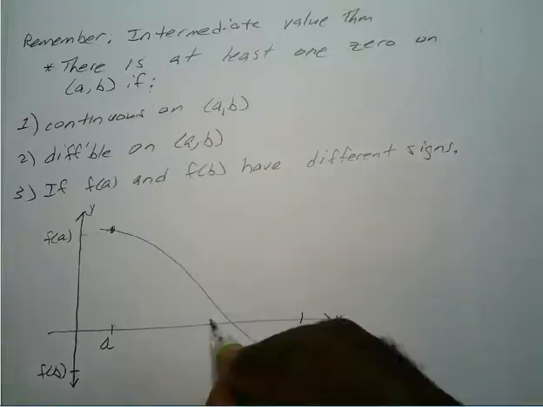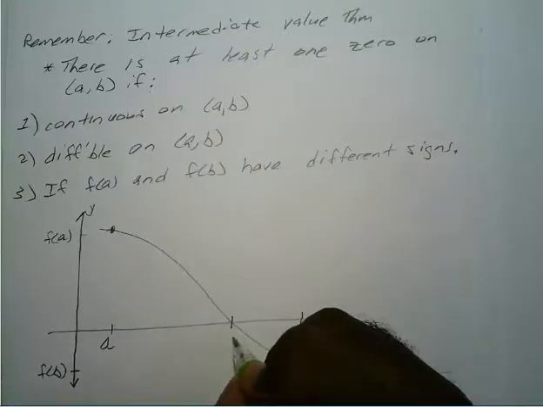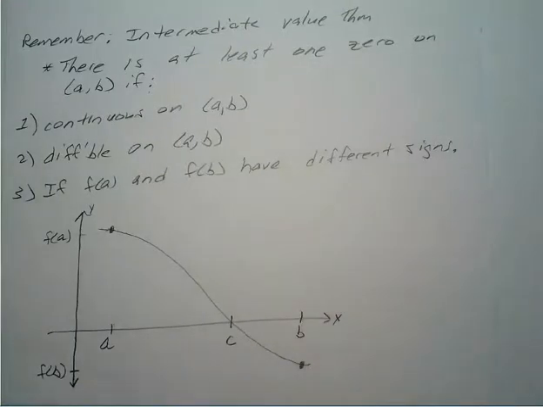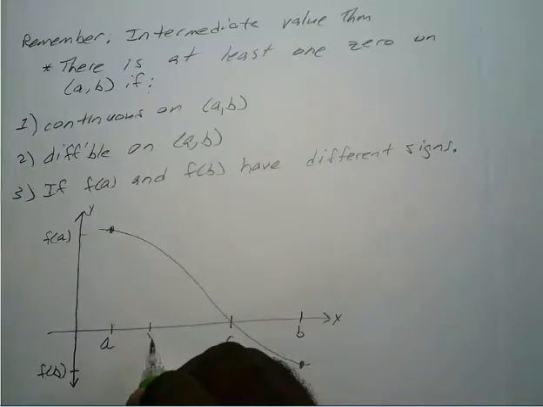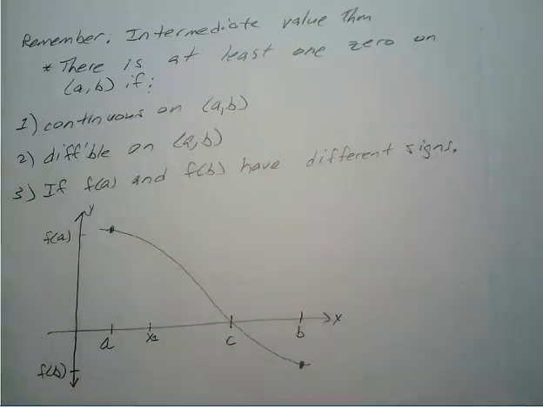So what if we wanted to find what value of C between A and B would give us f of x equals 0? What if we picked some x number 1?